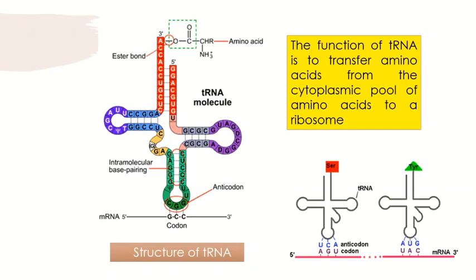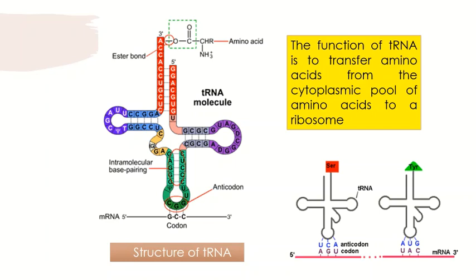It has a codon GCC. If you refer to the codon table, this GCC is the amino acid alanine. So the tRNA that is carrying alanine will come and bind to the codon GCC.